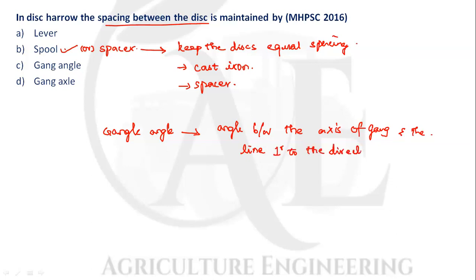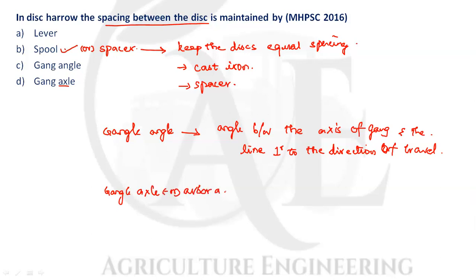This is known as gang angle in a disk harrow. Coming to the gang axle, also called the arbor axle, it is a shaft on which a set of discs are mounted.